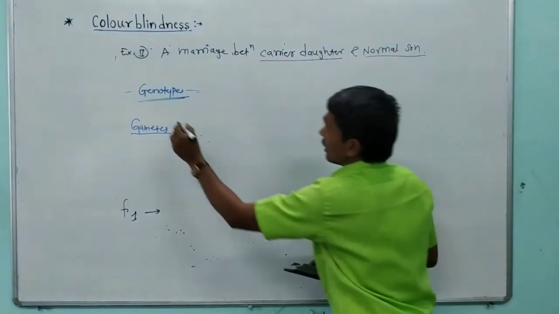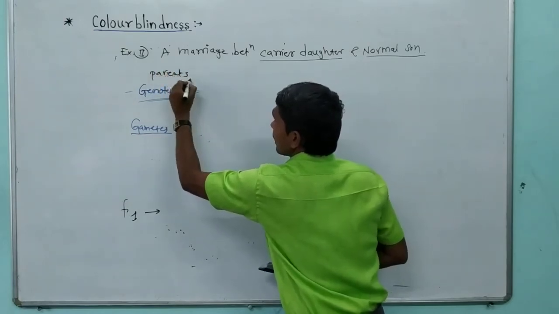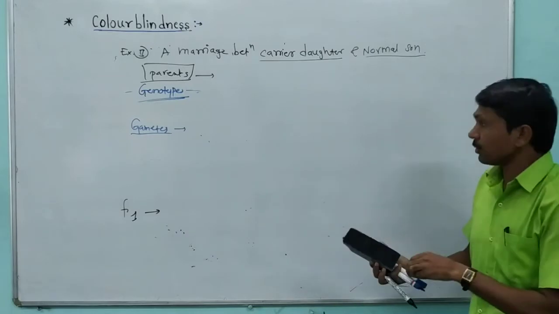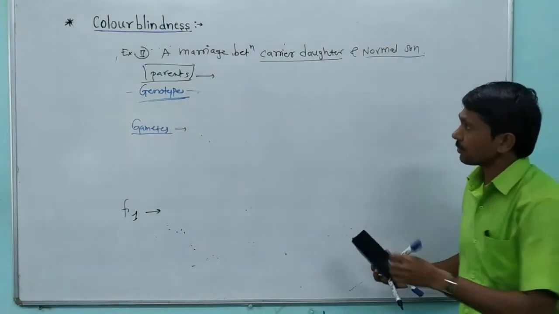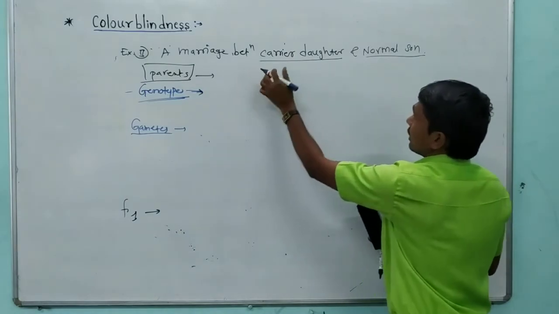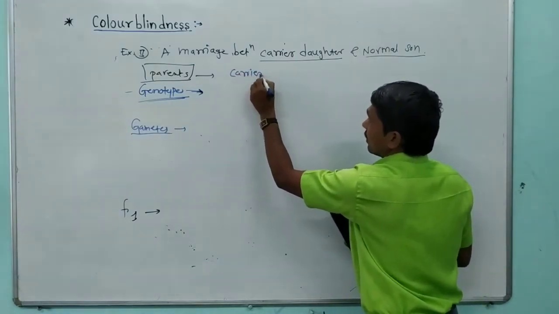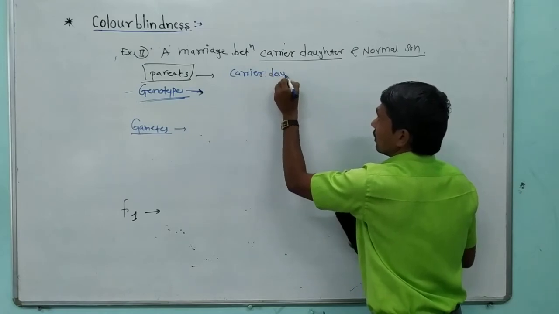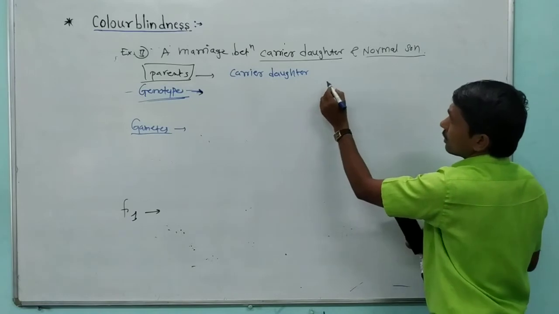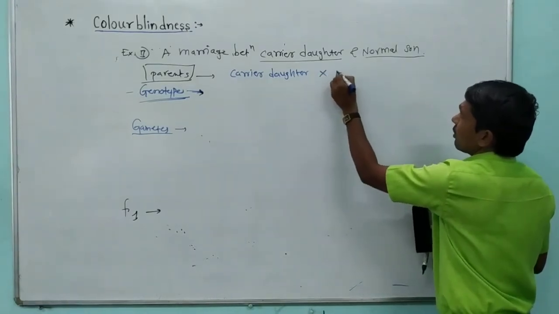So in this, their parental generation, write their parents. The carrier daughter into normal male.